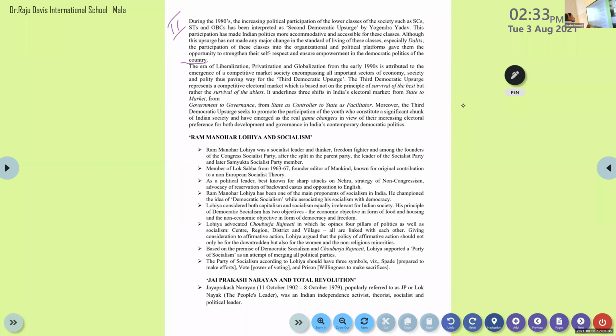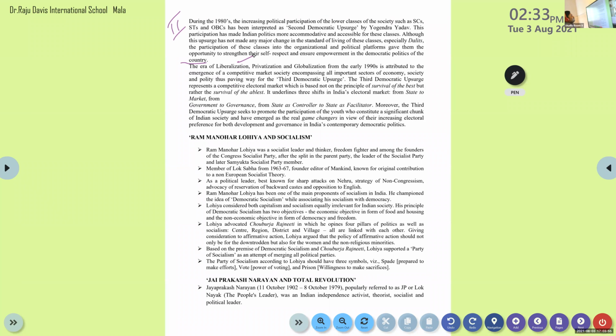Liberalization: our market economy is opened to other countries. Privatization gives more chances to private enterprises or private organizations. Globalization: we started purchasing things from other countries and selling things to other countries.